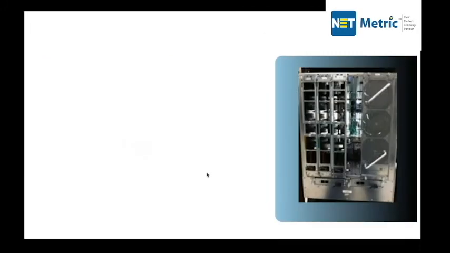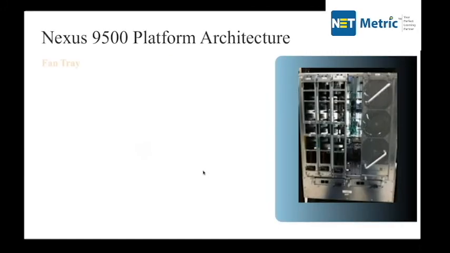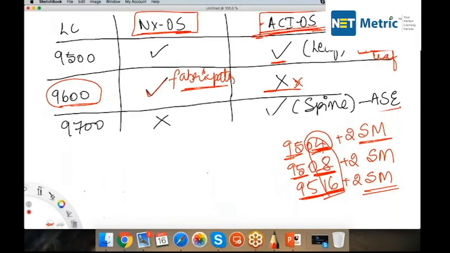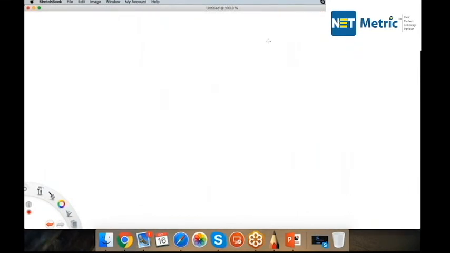Now, the last module for the day is nothing but the fan tray. All right, so the fan tray is something like this. If you can make it out in this picture, you can see that there is one fan tray at the rear end of the device, and there are a number of fans in each of these fan trays.